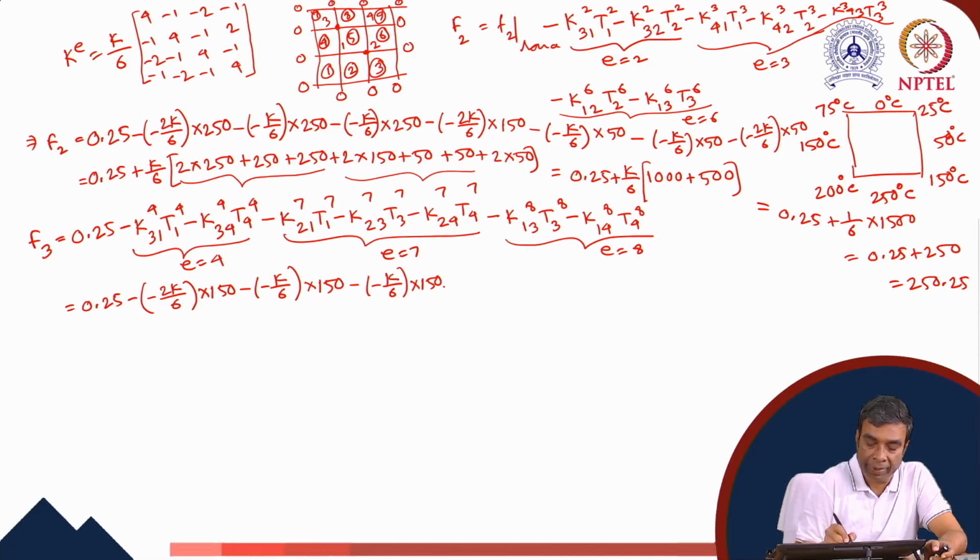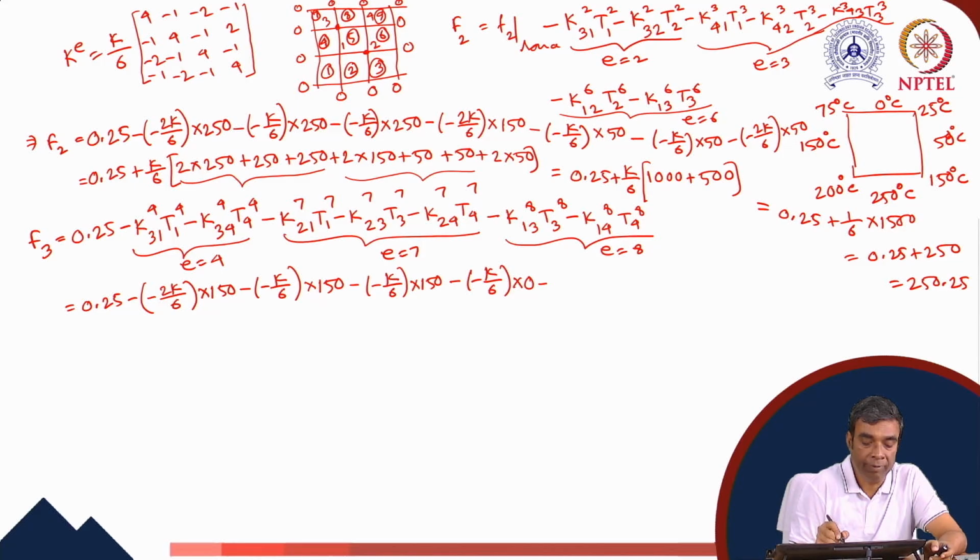Next is K237, T37. K237 is minus K by 6, minus K by 6 into T37. So for the seventh element, third local node, it is on the top wall where the temperature is 0. It is into 0. Next is minus K247.